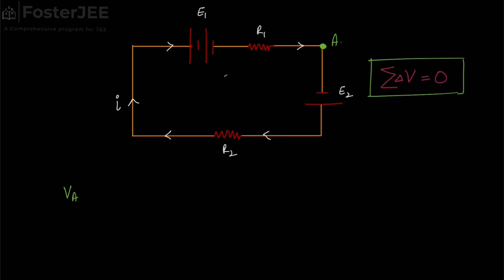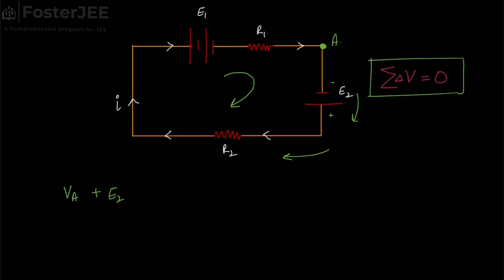Let's move along the current only. So first we have VA. Now, since we are moving from lower potential to higher potential, we have to add plus E2. Now we will go from this to this.